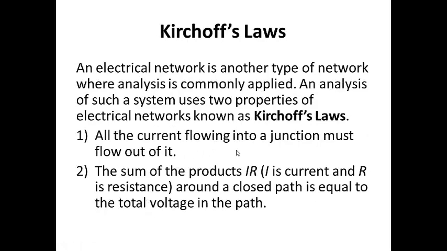And Kirchhoff's laws: all current flowing into a junction must flow out of it. Secondly, the sum of the products I times R, I for current and R for resistance, around a closed path is equal to the total voltage in the path.